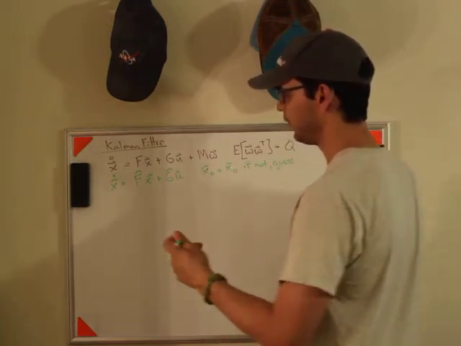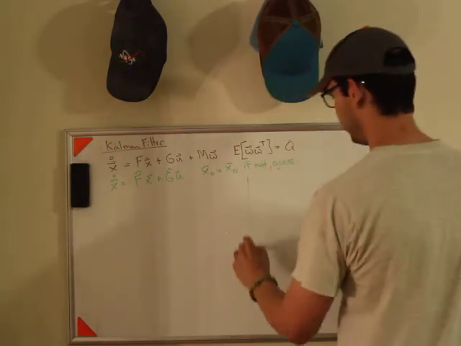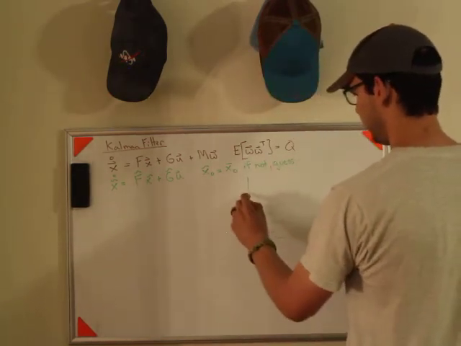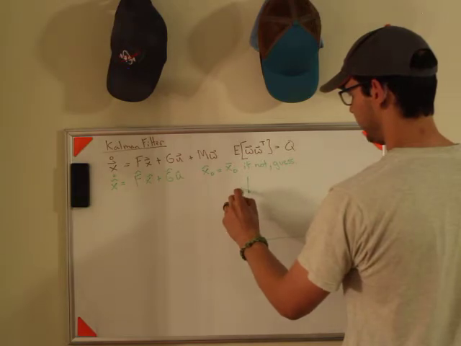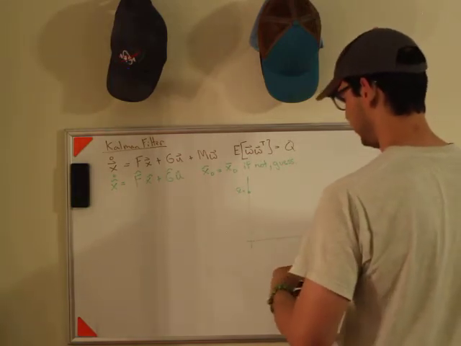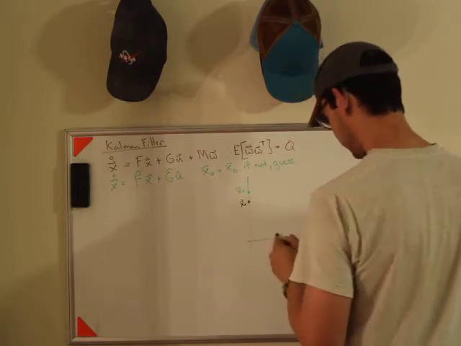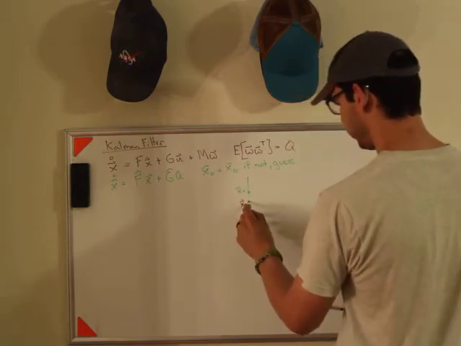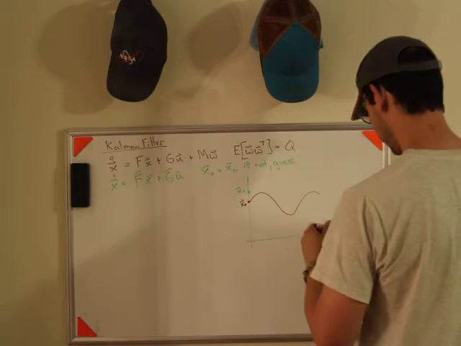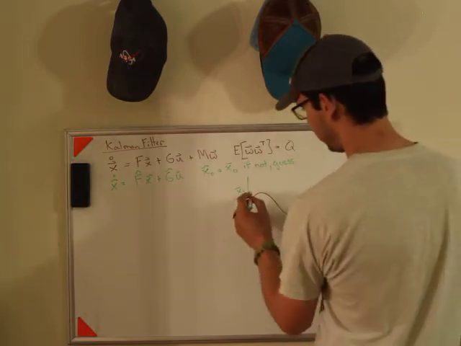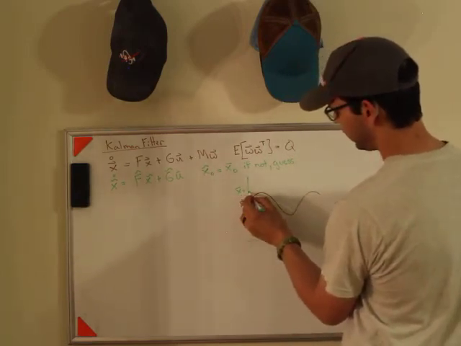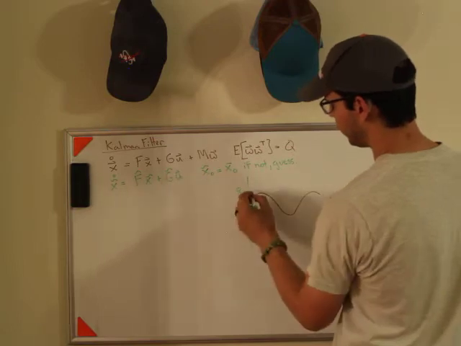Now if you took this by itself, and I took my initial measurement, x naught, that was obviously different than my true state, x naught, my system dynamics would do this. First of all, I would be off by a little bit, and my dynamics would be off.